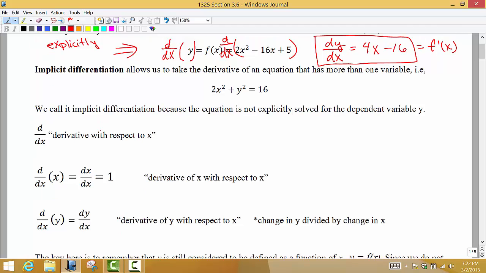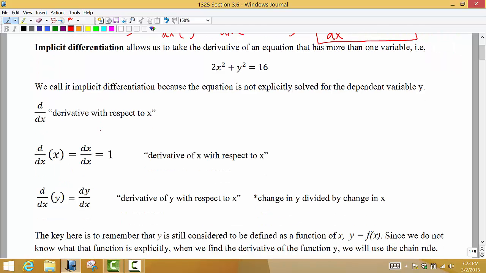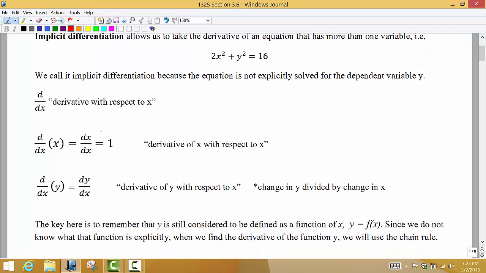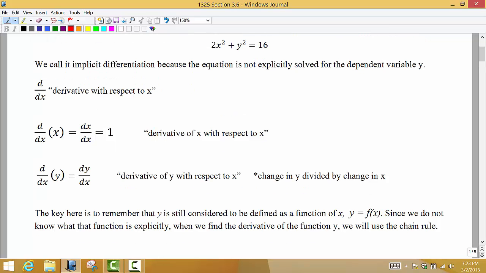This is what we're going to be talking about in this section. How do we find the derivative if y is just part of the equation and can't be solved for on one side using that function notation? We're going to be using this notation here, d dx. We usually refer to x as the independent variable, but the independent variable could be other things.